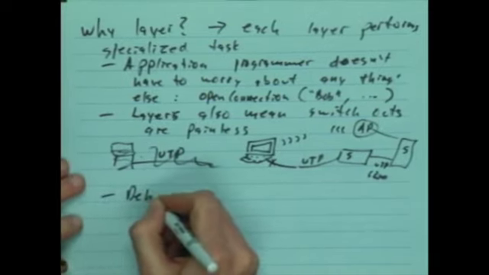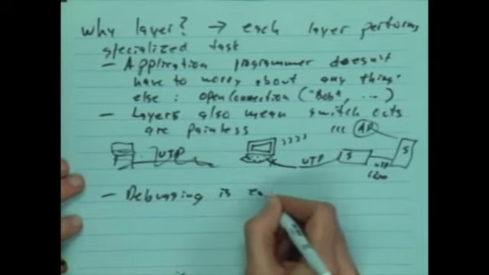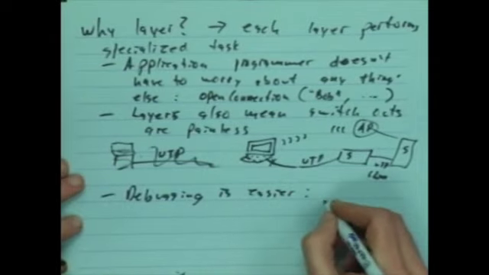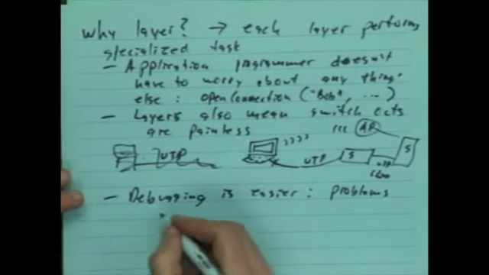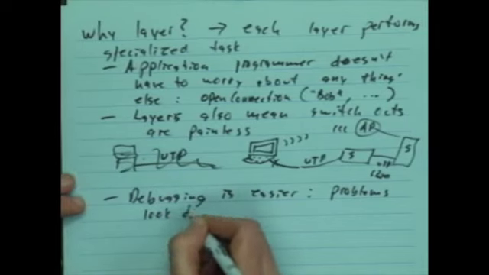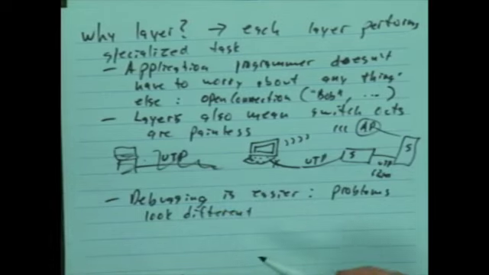And the last comment I'll make is debugging is easier because the problems, well, I guess they look different. So if someone can't get their web application to work, I can narrow down, is it just that the physical cable is broken?